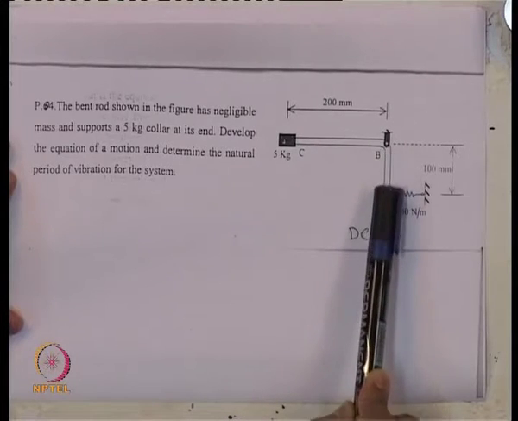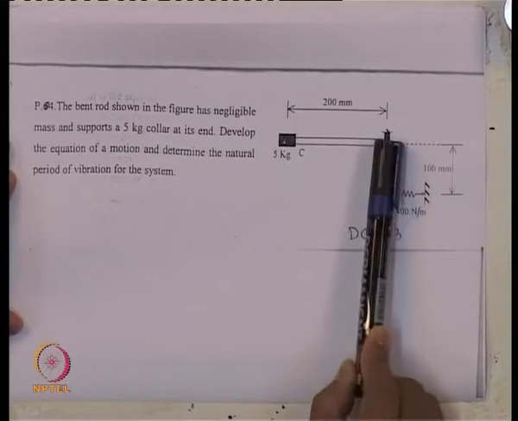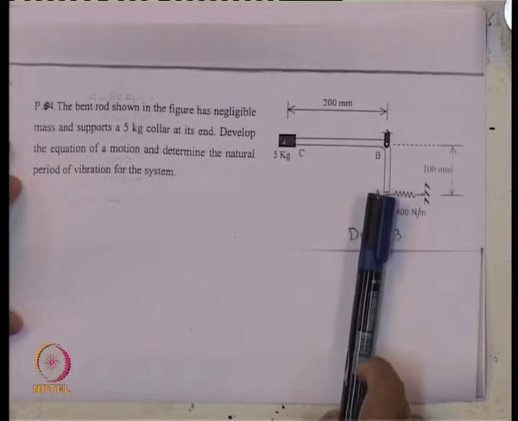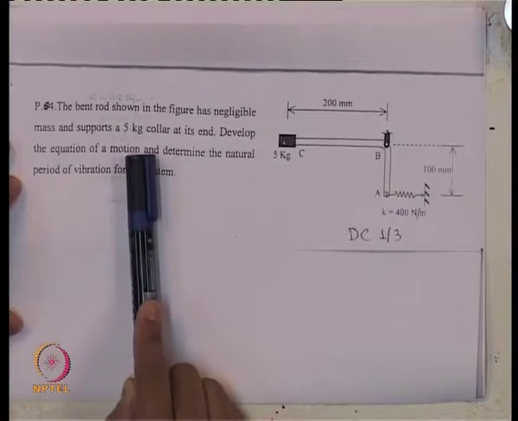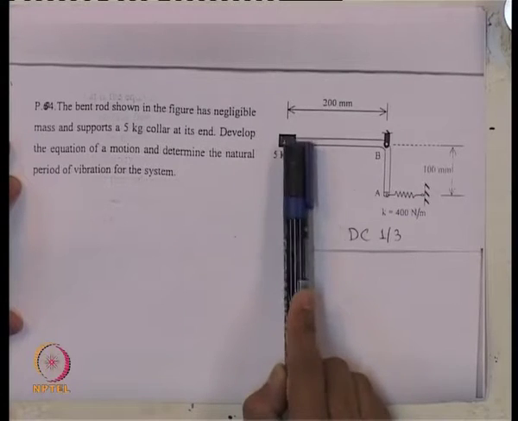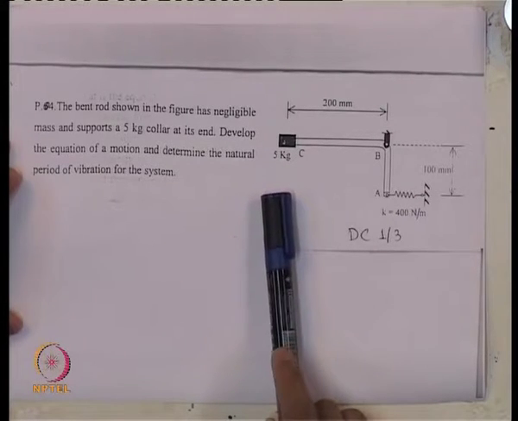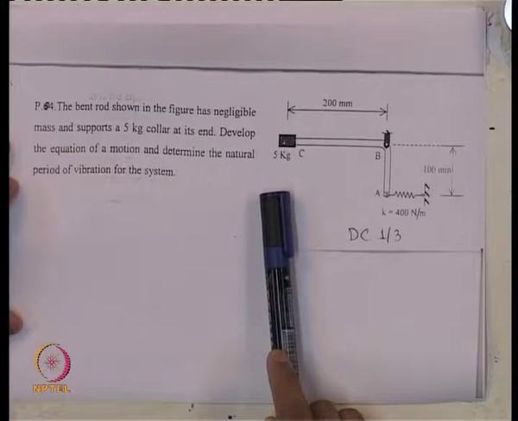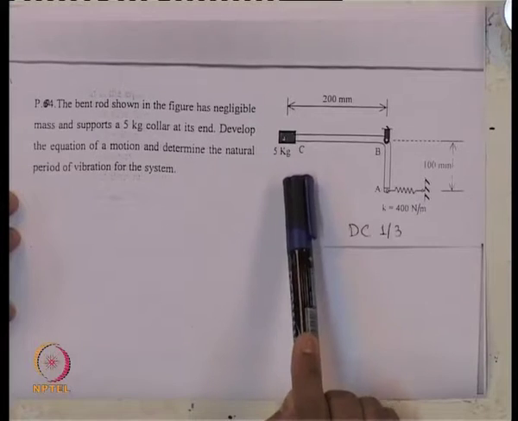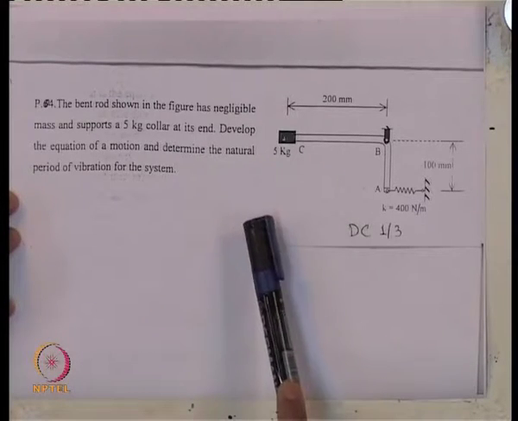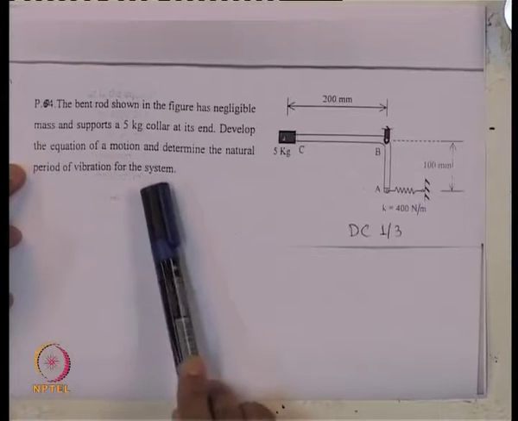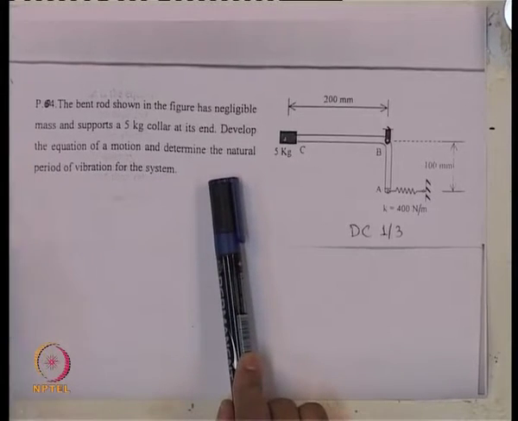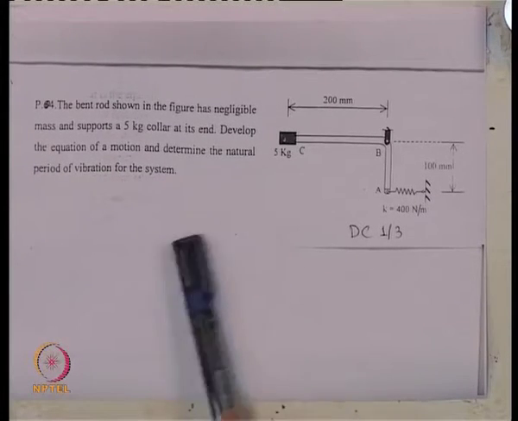So, this rod is a rigid rod, but we are assuming it is not having any mass, but it is supporting a 5 kg collar at its end. So, again as I have mentioned, in these problems we always consider masses as point masses, right. So, this 5 kg collar is concentrated at this end C. What it says, develop the equation of motion and determine the natural period of vibration for the system.